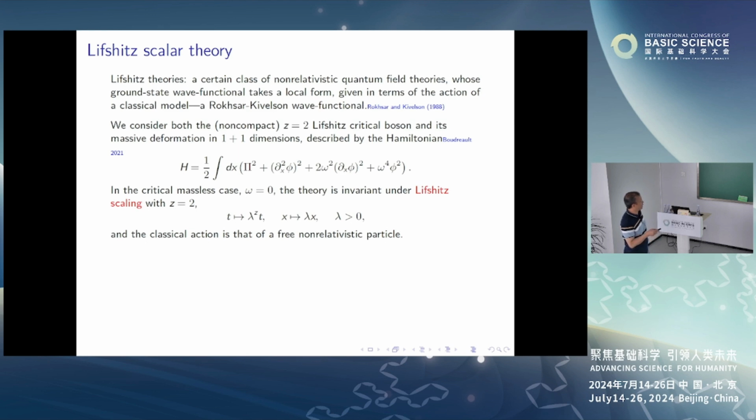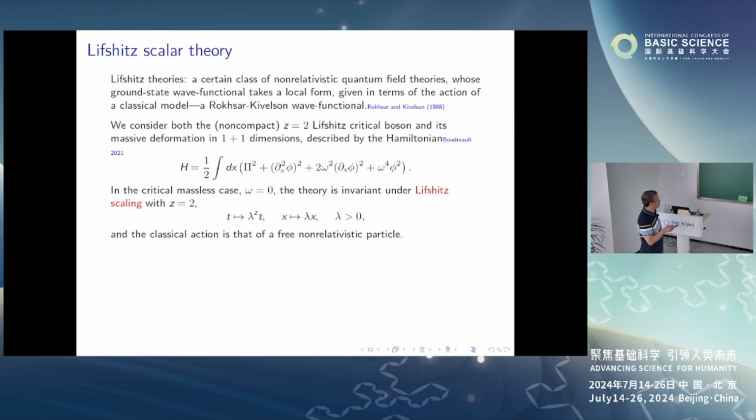And we consider a non-compact z equals 2 Lifshitz critical boson and its massive deformation described by this Hamiltonian. Here we write it in terms of the canonical momentum conjugate to phi, and omega is its mass.